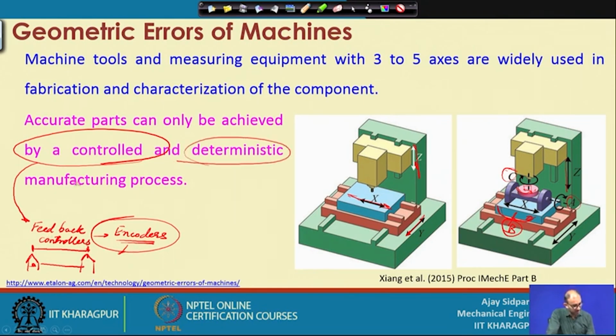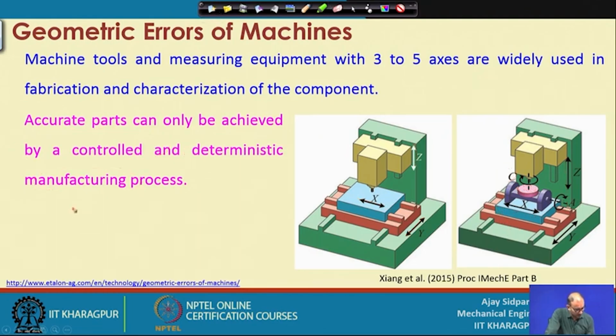Another thing is the deterministic manufacturing process. Suppose you are setting parameters: you have three components, that is depth of cut, then RPM of tool and feed rate, and you have one material or workpiece plus tool.